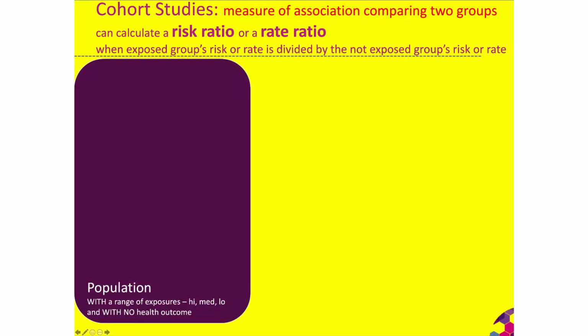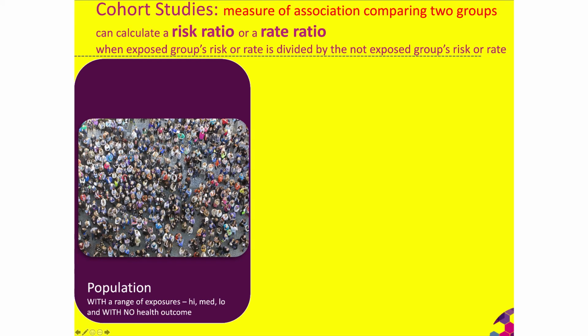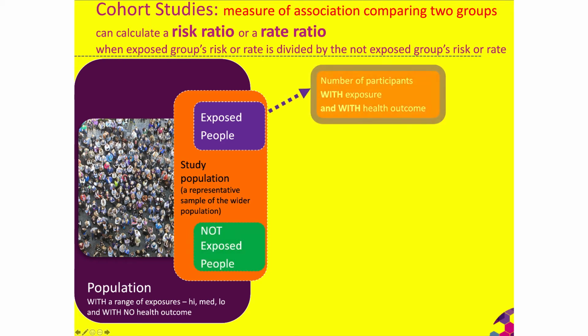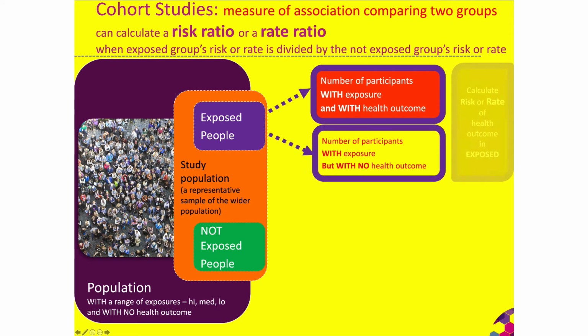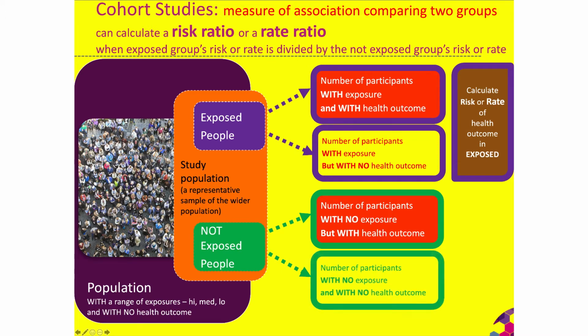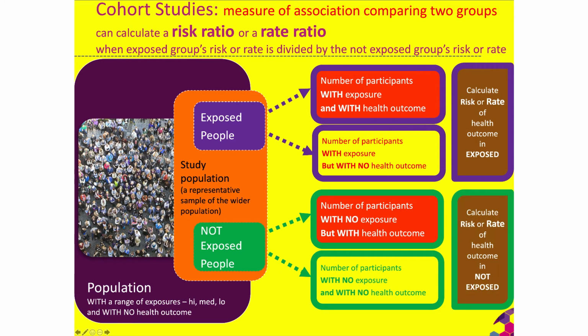So again, we start off with the population. And now what we do is we divide the risk of the health outcome in the exposed group of people and divide it by the risk or rate of the health outcome in the not exposed group.